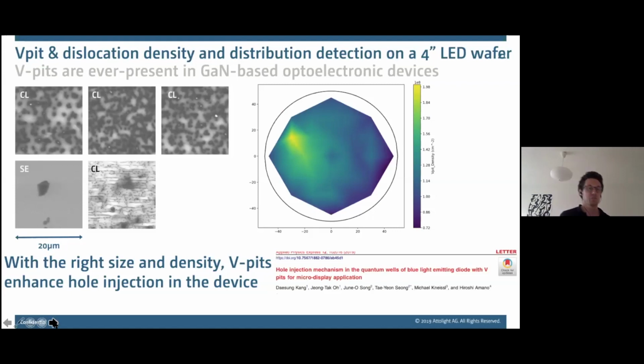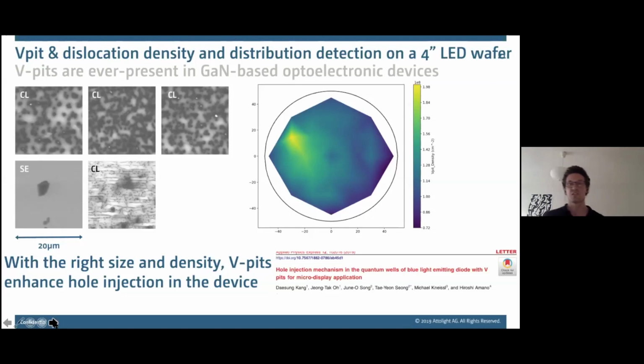And so these V-pits are super important for these technologies, and it's important to be able to characterize their size and density as a function of position. You want this to be of a certain size, of a certain density, and as homogeneous as possible across a wafer.